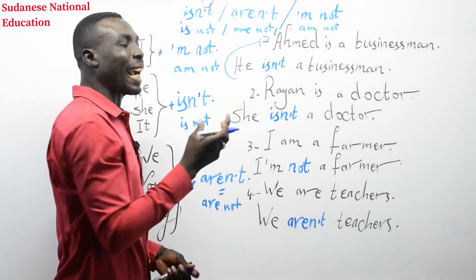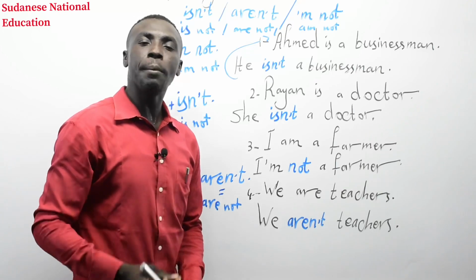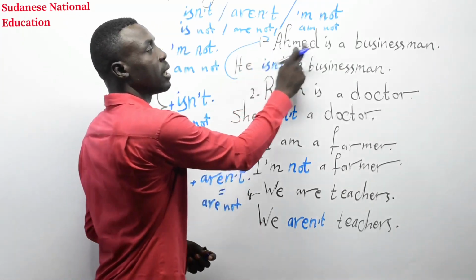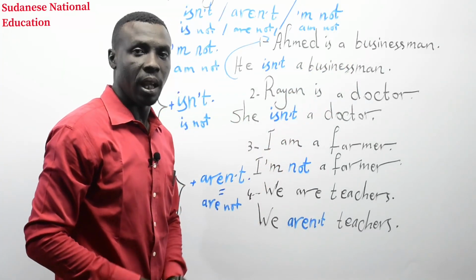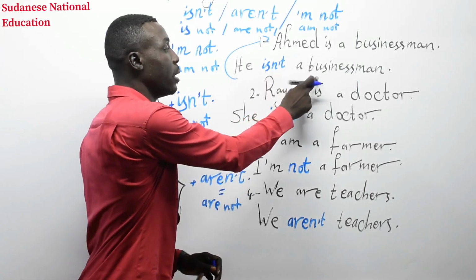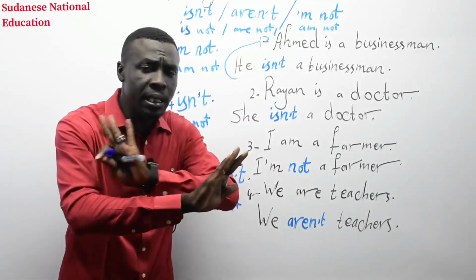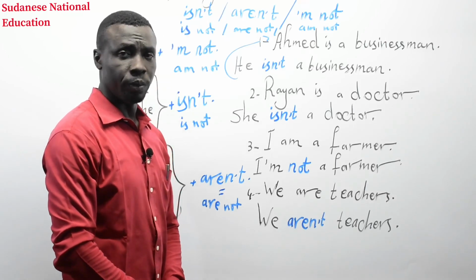Isn't is a contraction of is not. So Ahmed isn't a businessman. Ahmed is a businessman, this is a positive sentence. Ahmed isn't a businessman, this sentence is negative.